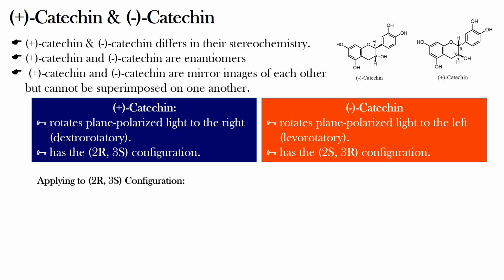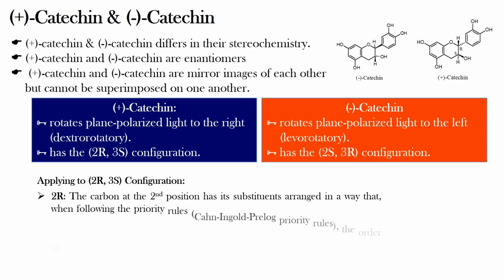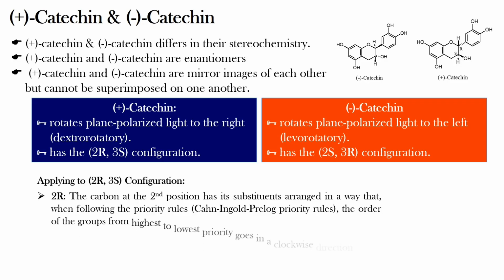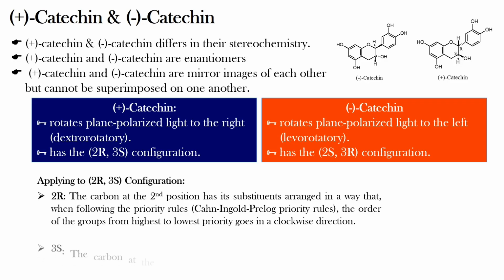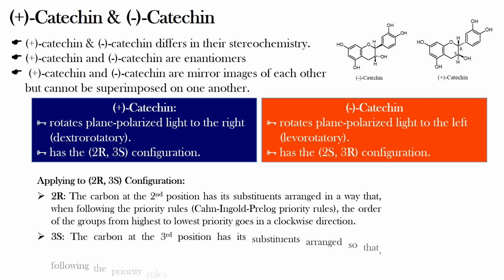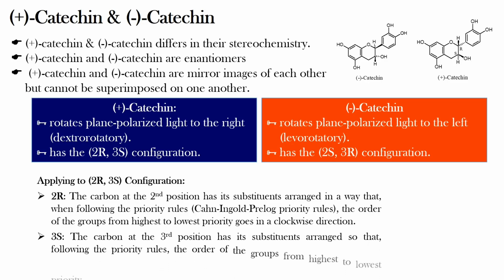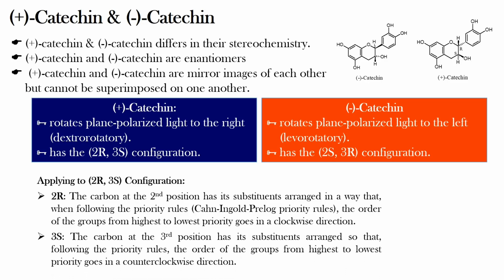In simple terms, 2R means the carbon at second position has its substituents arranged in such a way that, following the priority rule, the order of groups from highest to lowest priority goes in a clockwise direction. Whereas 3S means the carbon at third position has its substituent groups arranged so that, following the priority rule, the order of groups from highest to lowest priority goes in a counterclockwise direction.